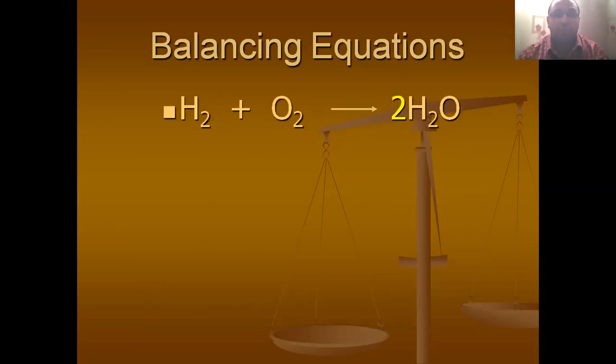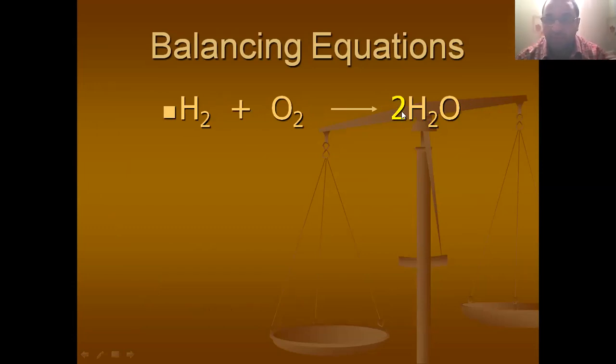Now, to balance this equation, on the left side, the reactant side, we have 2H and 2O. On the product side, we have 2H and 1O. But on the left side, we have 2O. So we put a big 2 on the left side of H2O.